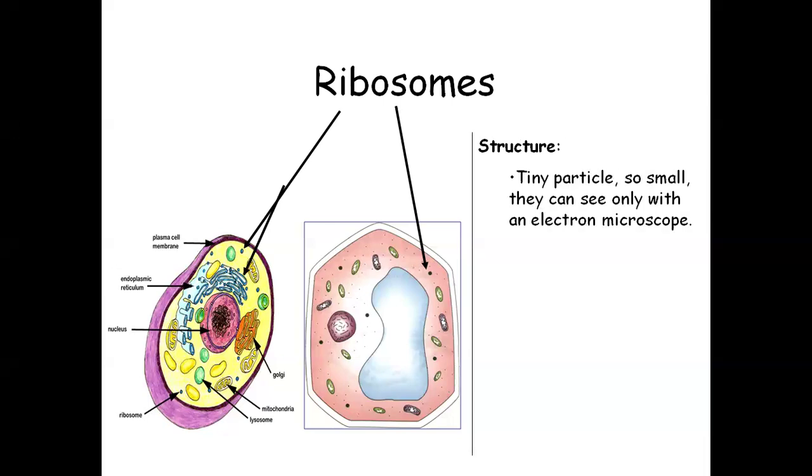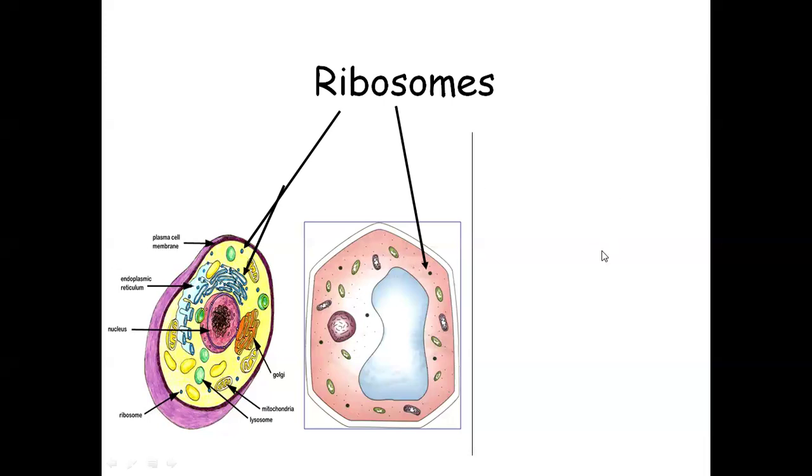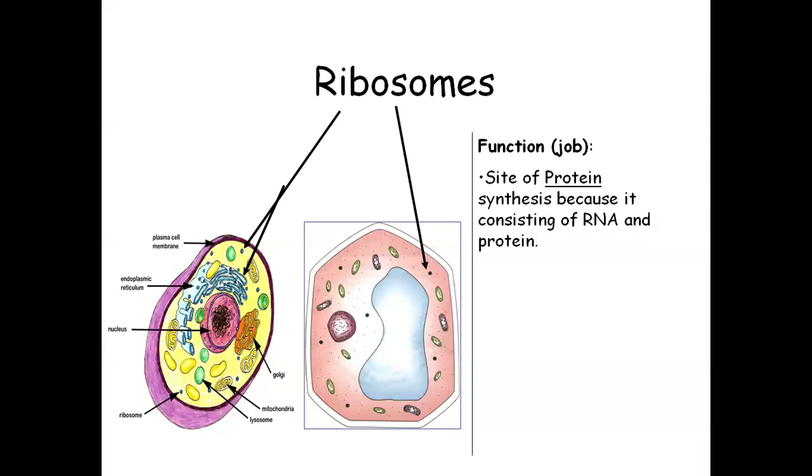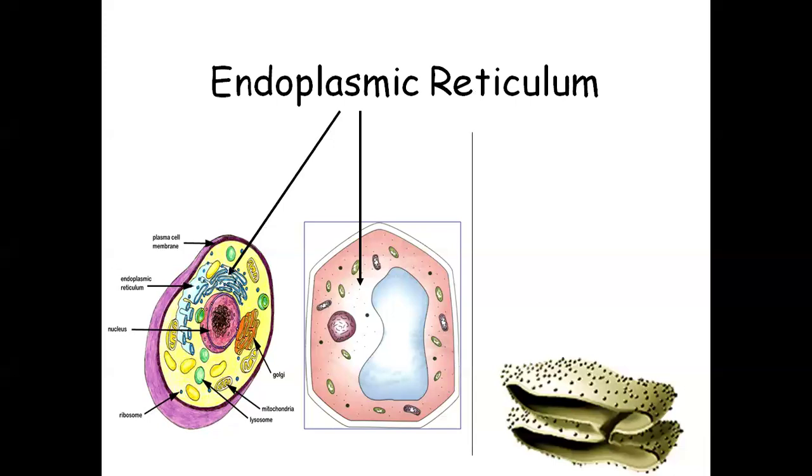See the structure? They are very tiny particles, and they can be seen only with the help of an electron microscope. And the main function is, as I said, it is the site of protein synthesis because it consists of RNA and protein.